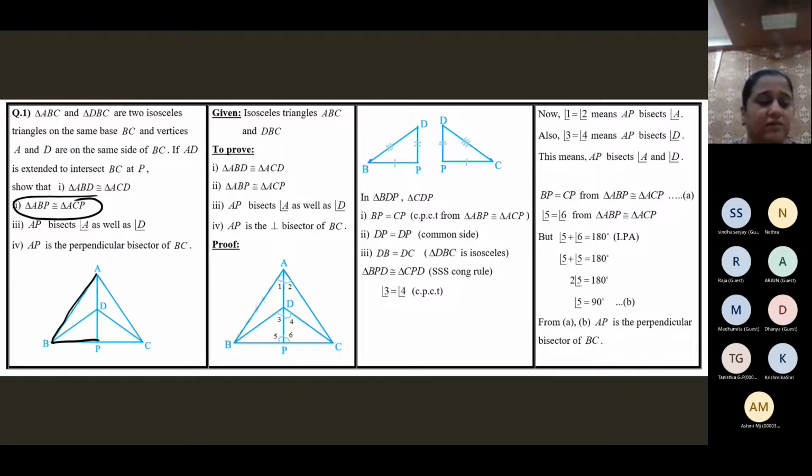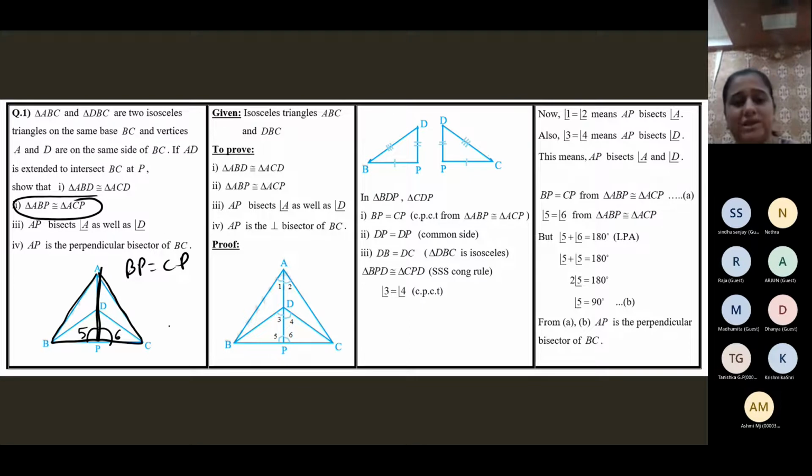We proved that this one is congruent to ACP. So from this we have BP is equal to CP, CPCT. So AP bisects BC. Then from the congruency of these two triangles, we have this angle equal to this angle. That is, angle 5 is equal to angle 6.